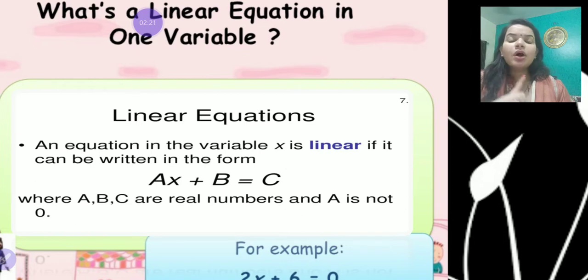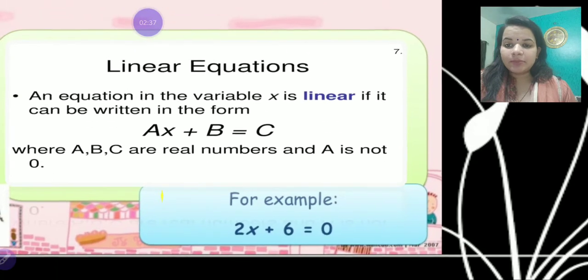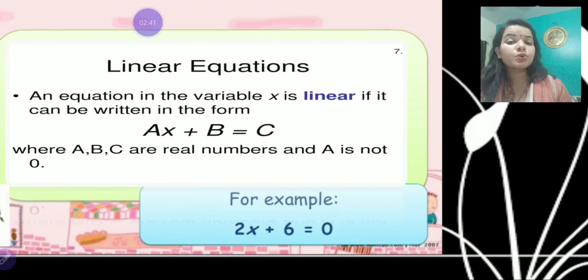Clear? A linear equation can have many variables, 1, 2, 3, 4, but here we will study linear equation in one variable first. Clear? So here you can see an example like 2x plus 6 equals 0. This equation is of the form ax plus b equals c.